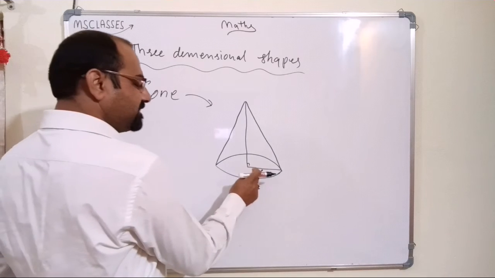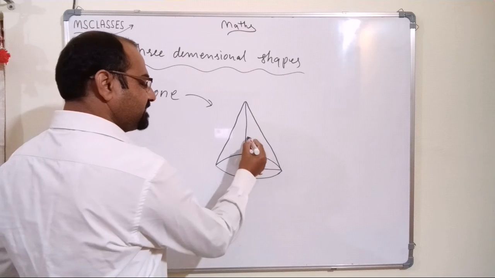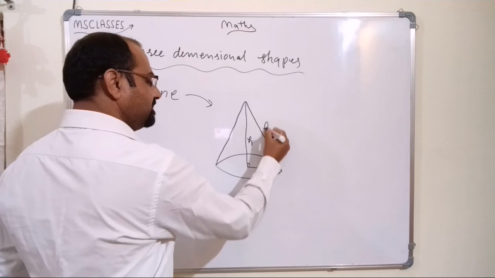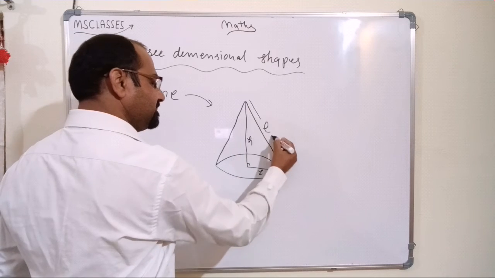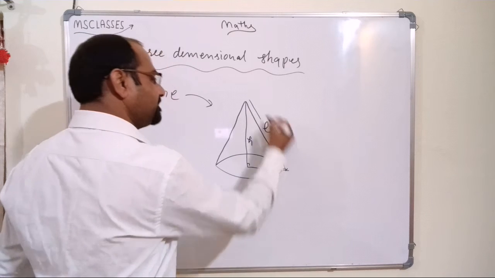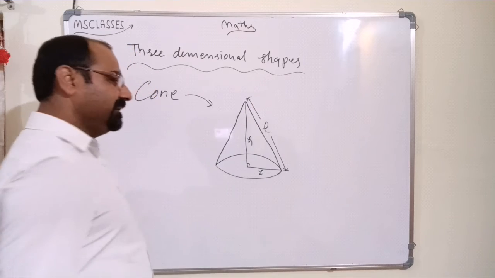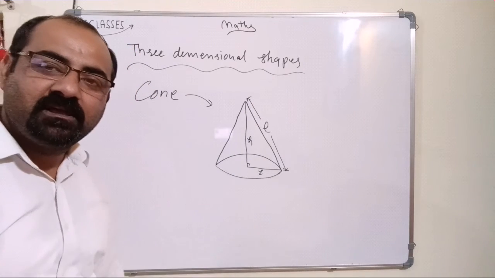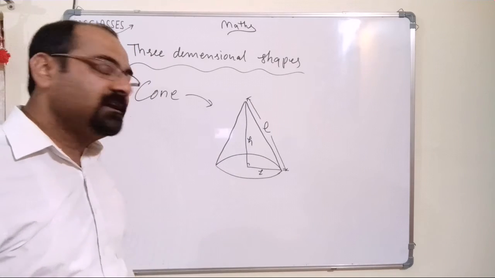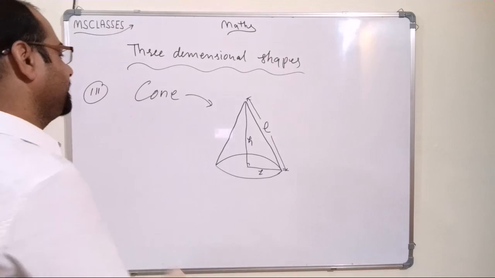It has three parts: first radius, second height, and third slant height. Slant height means this is the slant height. This is the cone. This is one of the three-dimensional shapes.